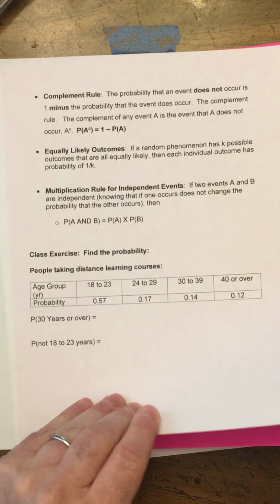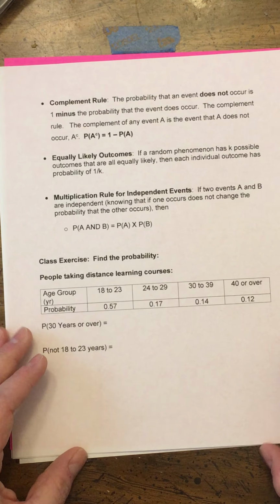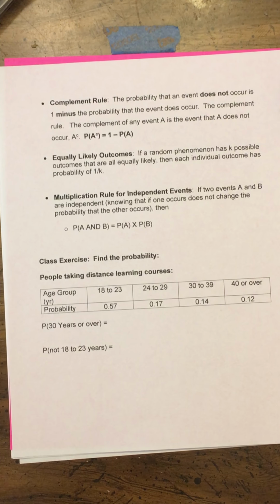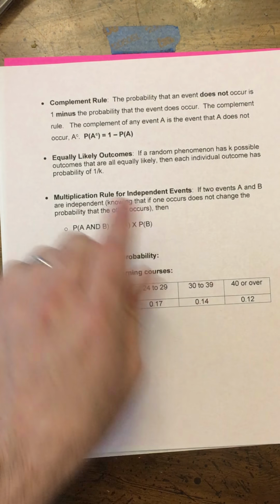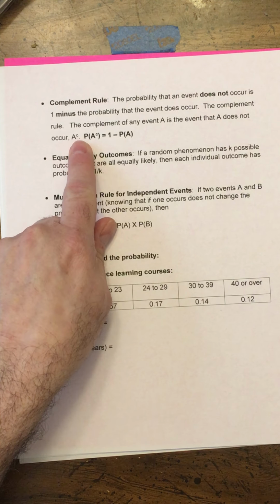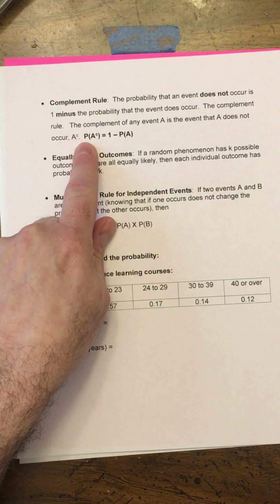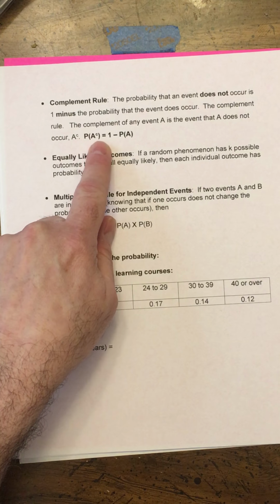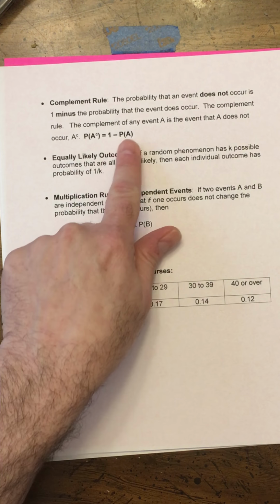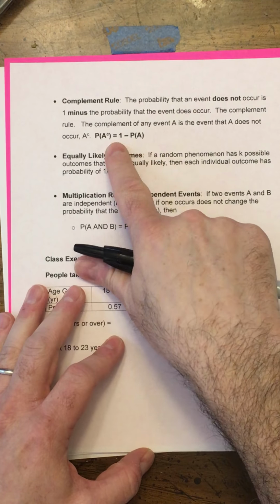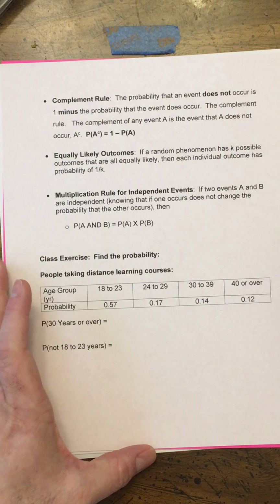Complement rule. The probability that an event does not occur is 1 minus the probability that the event does occur. We've seen this before. Sometimes it's indicated with a little c on top. A complement is the complement of event A. The probability of the complement of event A is 1 minus the probability that A occurs. So this whole thing is the probability that A does not occur.